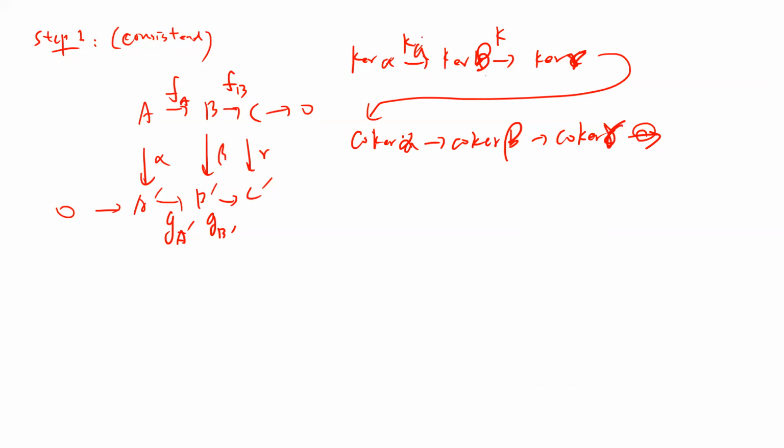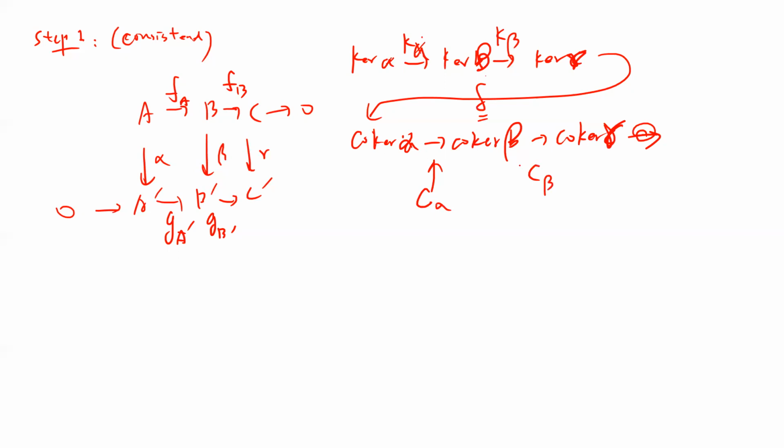I define this k alpha, this is k beta. The map from kernel to cokernel is just given by delta. This is the common notation. And I call these c alpha and c beta.